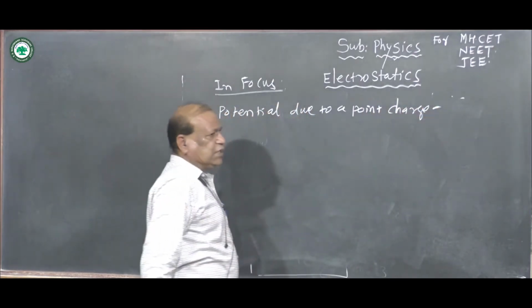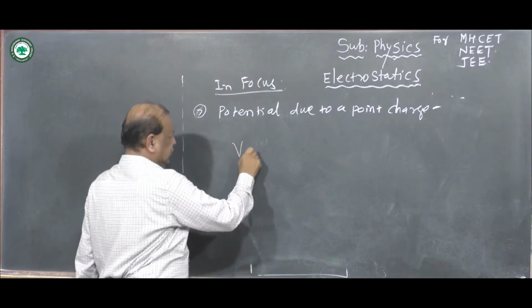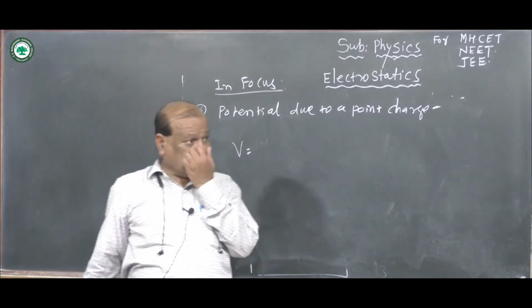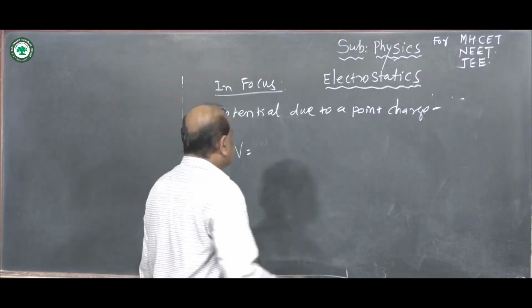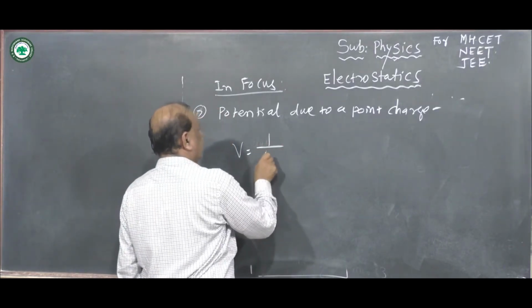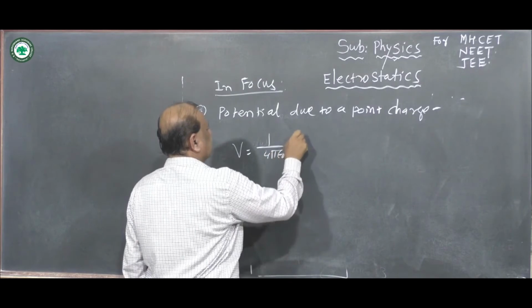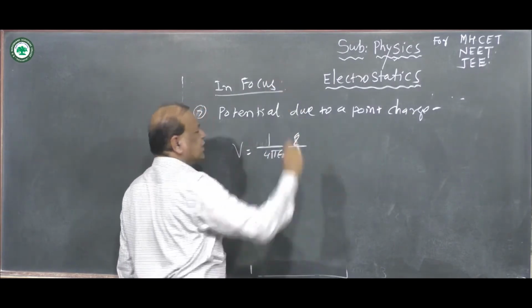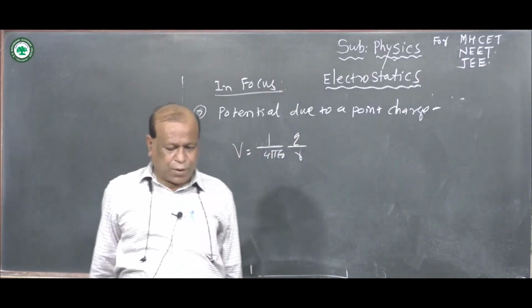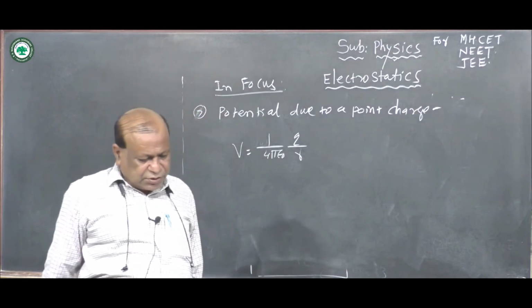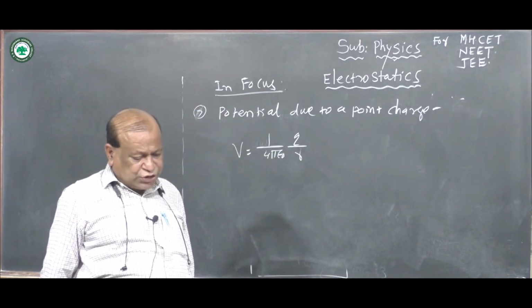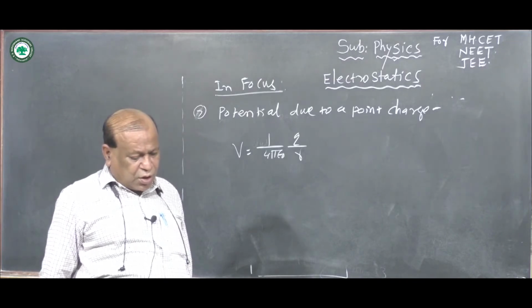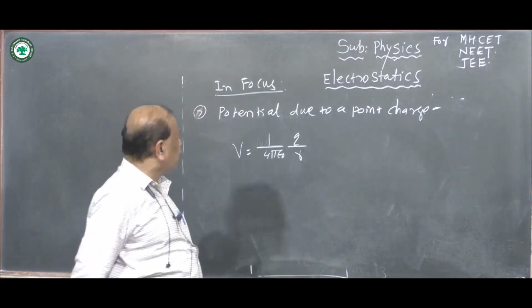In the previous class we obtained the expression for electric potential due to a point charge, phi is equal to 1 upon 4 pi epsilon 0 Q divided by R. Already we obtained this expression. Now here potential along axis and equator.